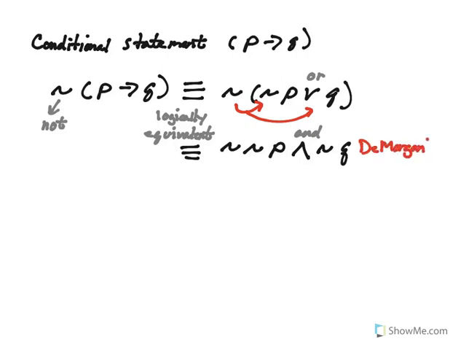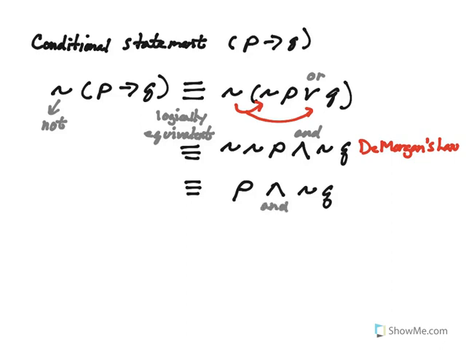And yet again, that is equivalent to not being equivalent to just P and not Q. So you can write this negation of this conditional statement many different ways, and you simplify it; this is the end result right here. This is and, by the way.